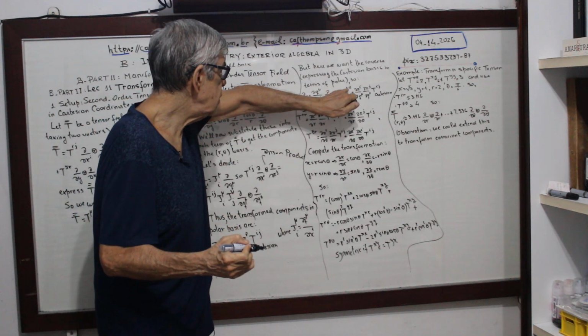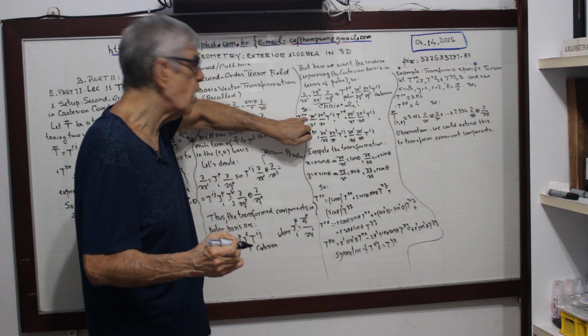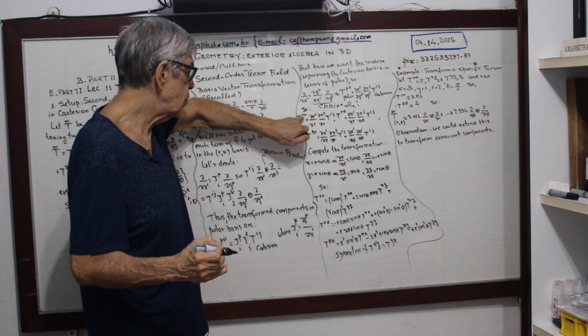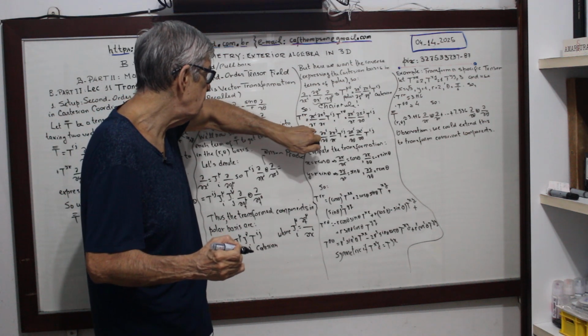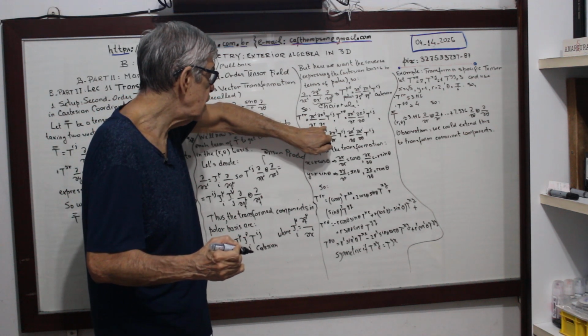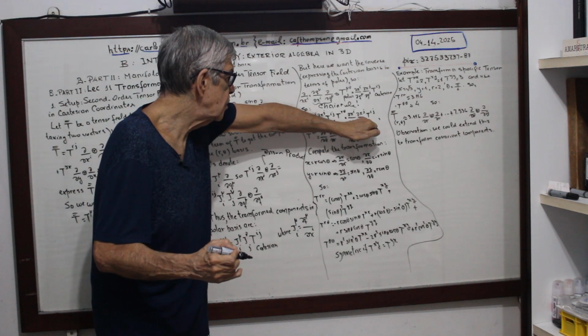Now, mu, nu equal 1, 1 is Trr, the contravariant components. I just substitute over here, and then I can write the right hand side.